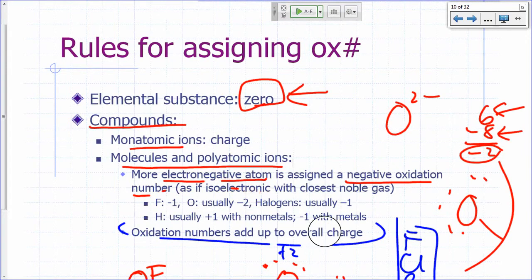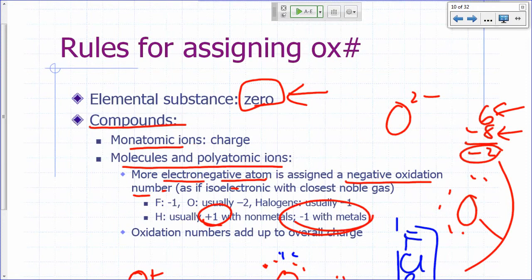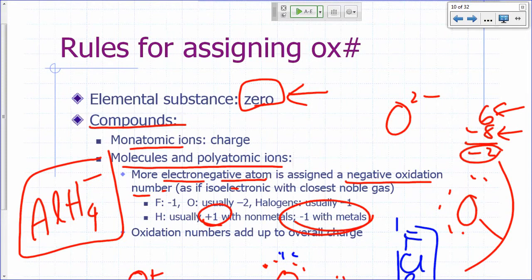Hydrogen is usually +1 if it's among nonmetals, if it's sharing electrons with nonmetals. You'll notice hydrogen is one. Among the nonmetals, hydrogen is the least electronegative. But if it's combining with a metal, for example, in the AlH4 aluminum hydride ion, bonded to an aluminum atom, and the overall charge is negative, then the hydrogen has a -1 oxidation number.